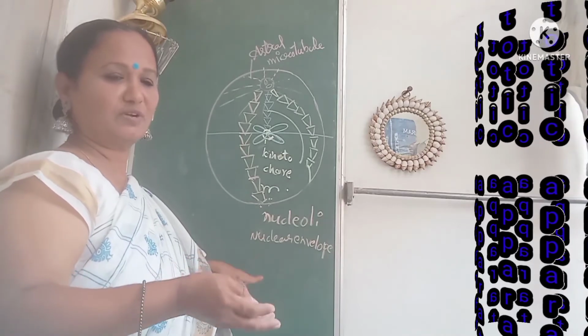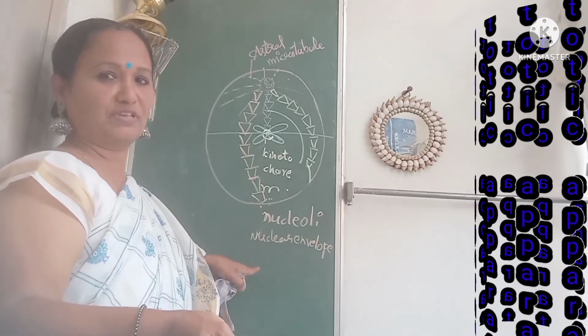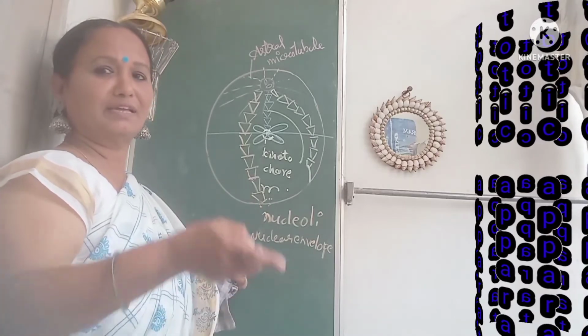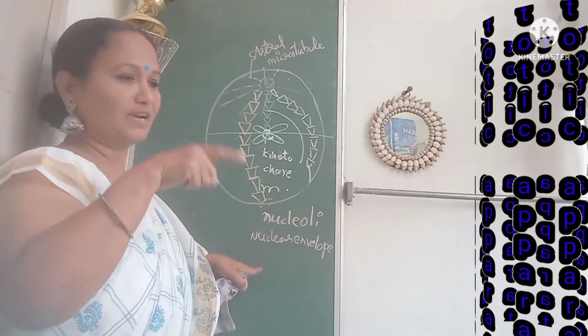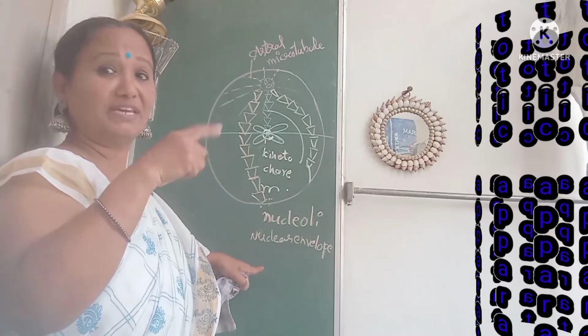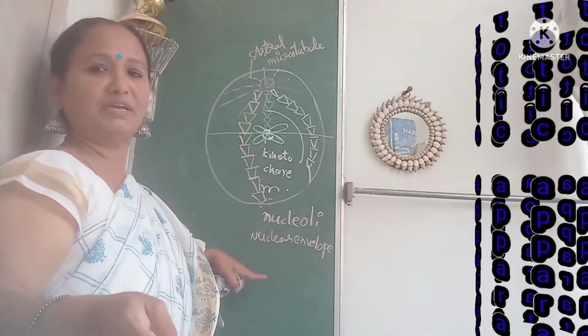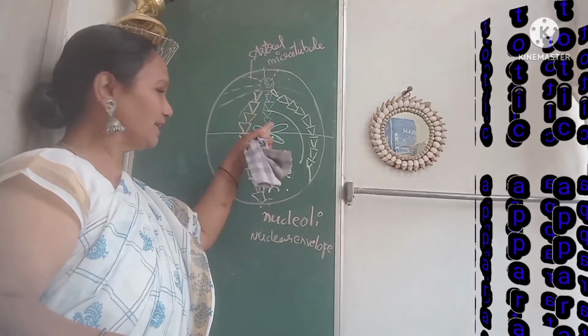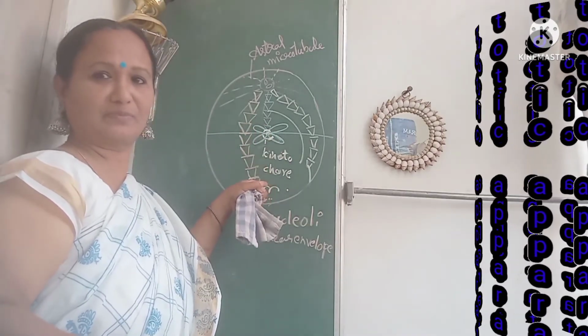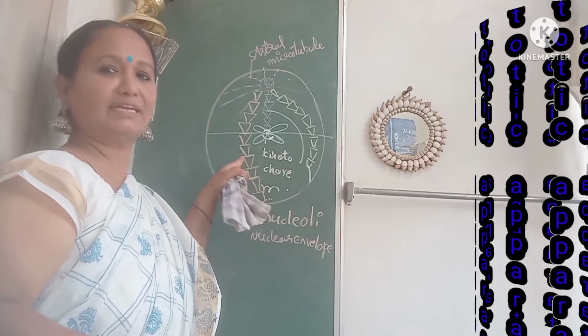What is the difference between early prophase and late prophase? In early prophase, the chromosomes look like a ball-like structure. Here all are going to disappear and at the center there will be empty space. This is the late prophase.